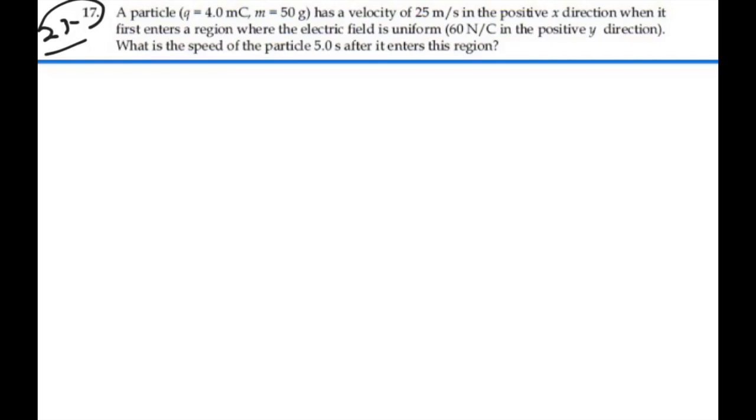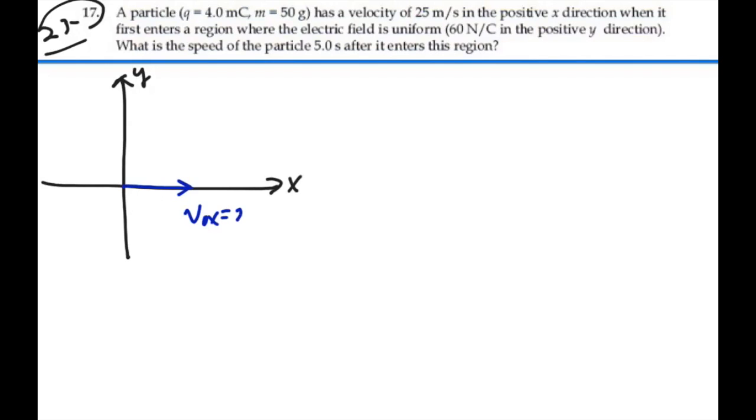Okay, a little bit more clear statement of the problem than some of the previous problems. We have an initial velocity in the x direction of 25 meters per second.